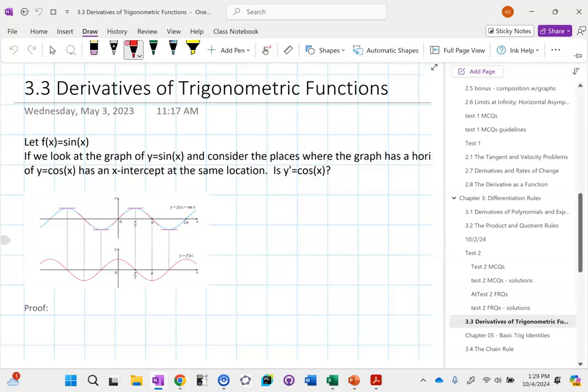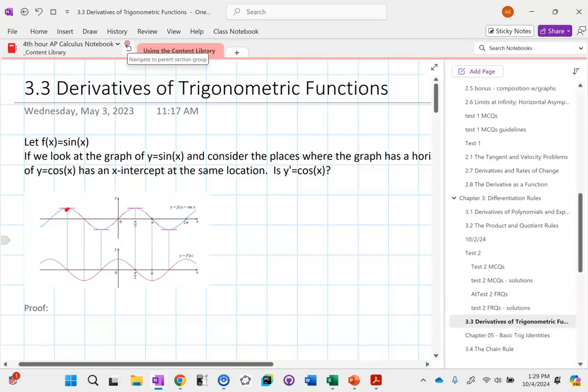So let's say we have the function sine x, and we're interested in what its derivative might be. If I try to just sketch a graph of the derivative, I know that wherever sine has a min or a max, the derivative is 0. So I have a bunch of zeros.